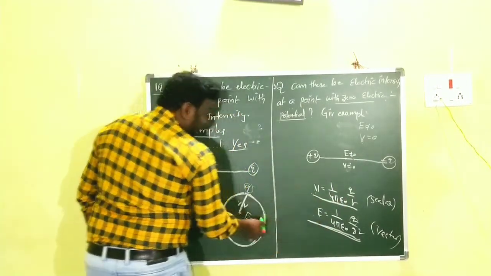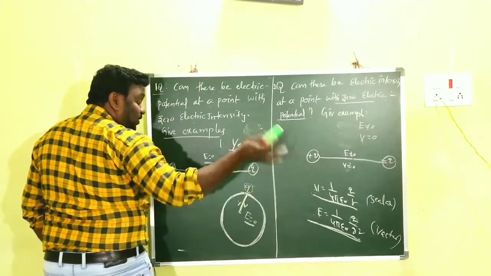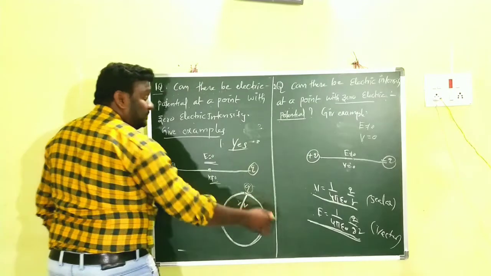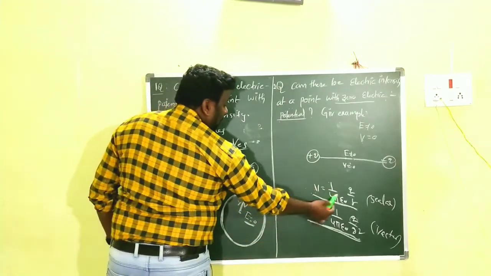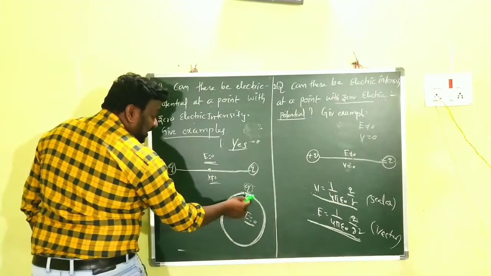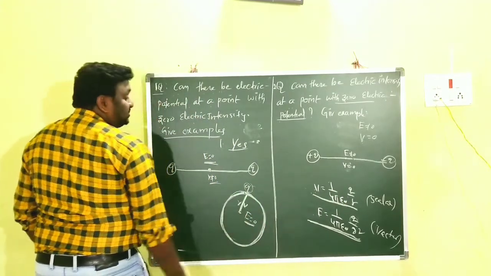So in the case of a charged sphere, inside the sphere there is no electric field intensity, but there is some potential. The charge is available on the sphere, that's why at that particular distance there is some potential.